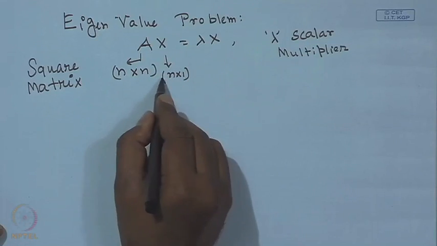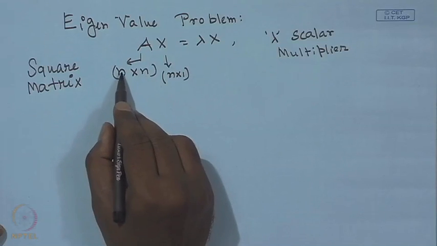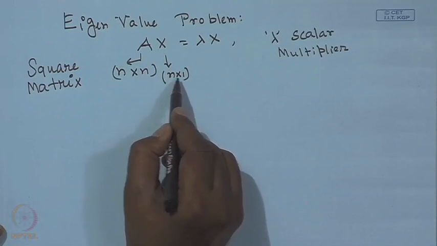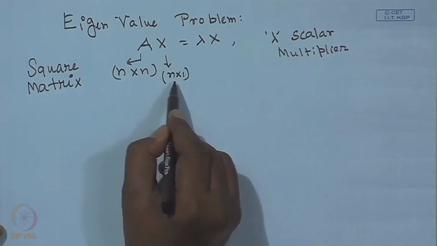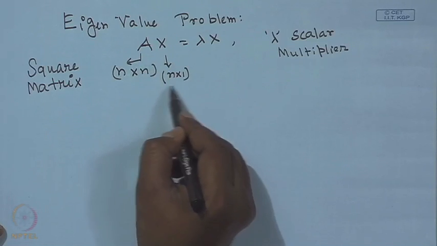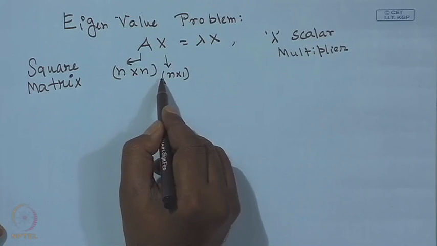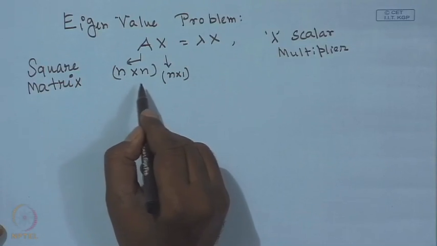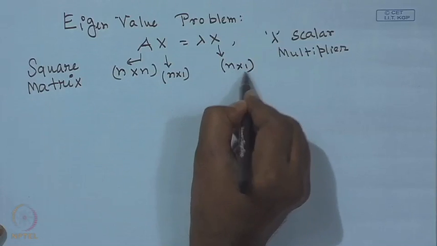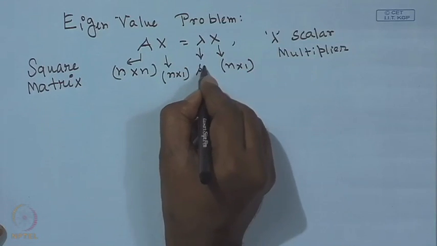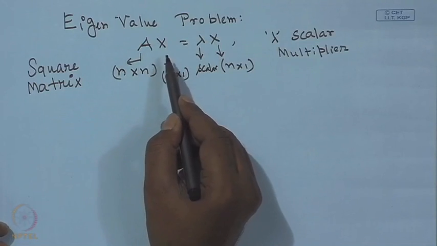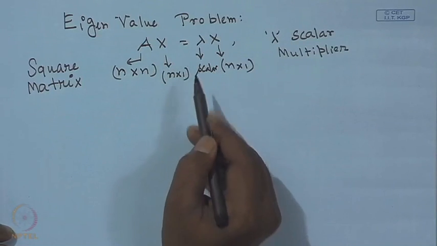So, these two are conformable. An n into n matrix operating on an n into 1 vector, where the number of columns of the matrix equals the number of rows of the vector, returns a vector of size n into 1. So, the result is a vector of size n into 1 and lambda is a scalar. If we write an equation like this, then we call this problem an eigenvalue problem.